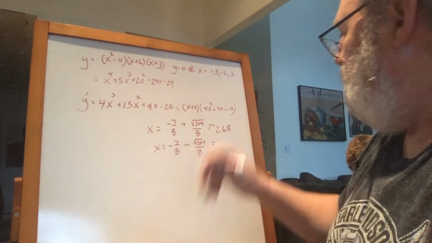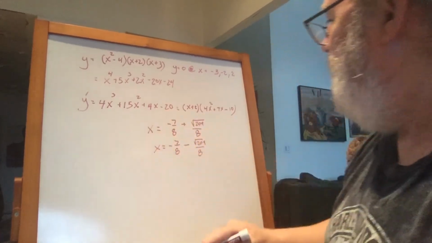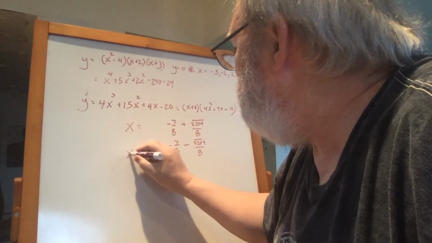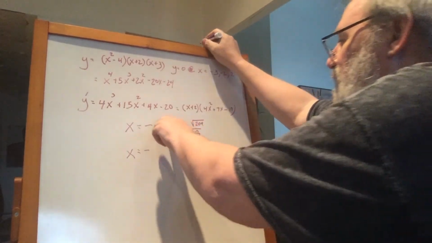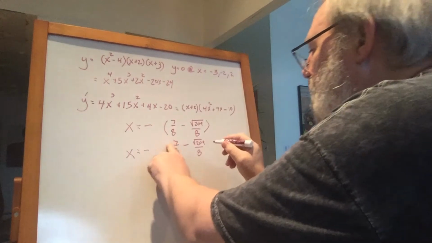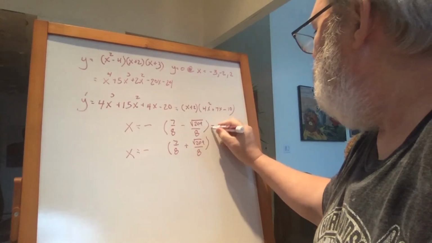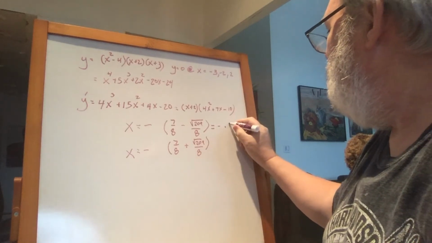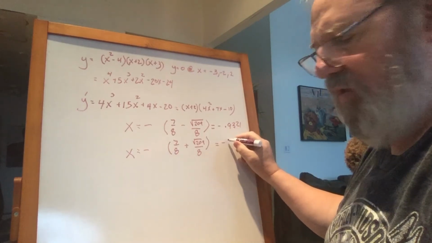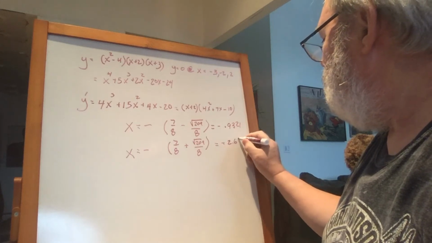If we factor out a negative, because x is minus, that's going to be minus 0.9321, and this is plus 2.68.